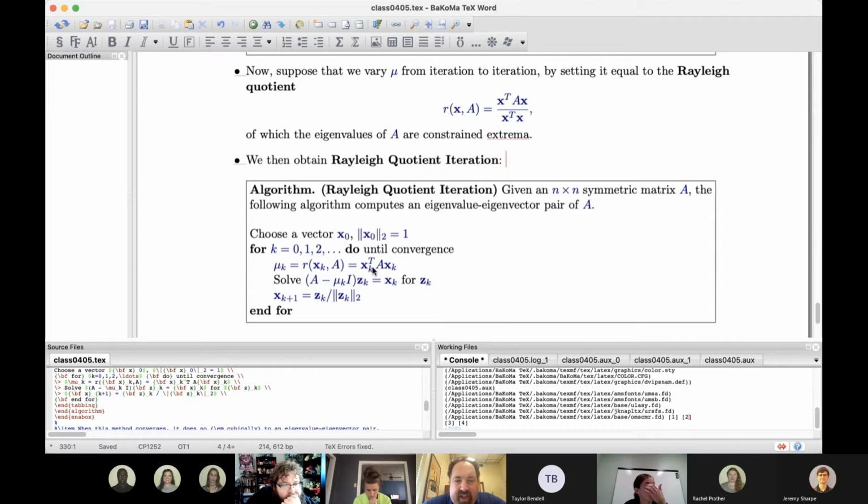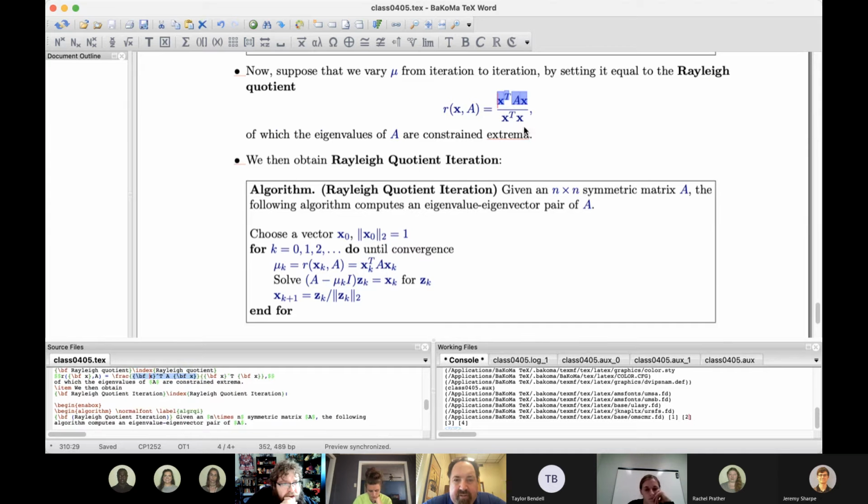Now, in this case, I don't need the denominator of a Rayleigh quotient. Well, actually, can anyone tell me why I don't need to include that? This is still the Rayleigh quotient, but how come I did not need to divide by x_k transpose x_k?